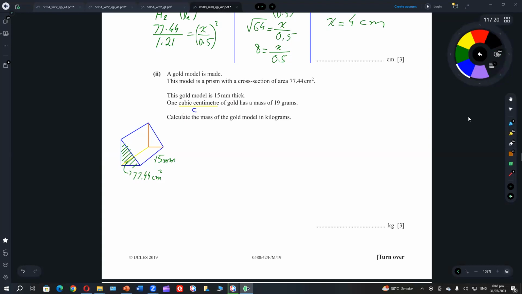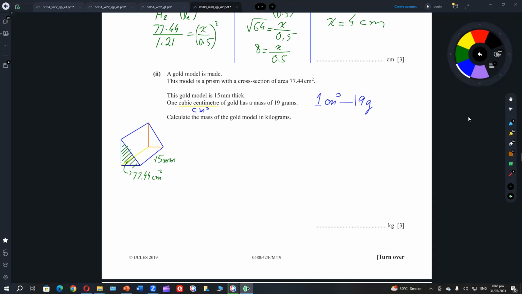So the examiner says 1 cm cube is how much? 19 gram. And he's asking me to find the mass of the gold model in kg.